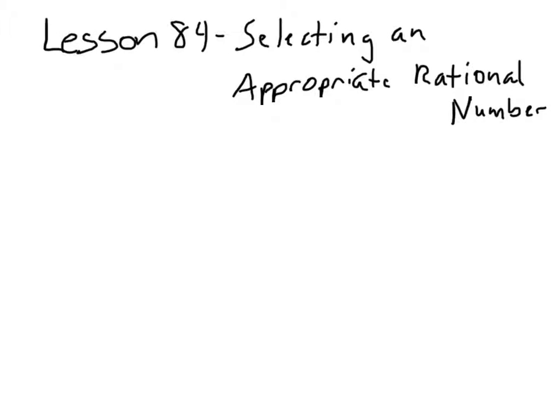All right, 8th graders, lesson 84, selecting an appropriate rational number. And they show you an example. They've got a tax rate that is 7%. And how much money is 7% of 1260?